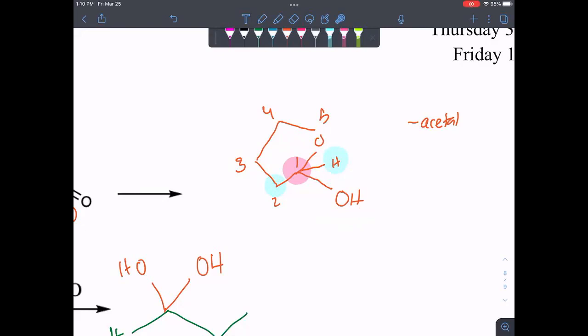So if you have two OR groups attached to this one carbon, it's going to be a full acetal. If you have one OR and one OH, it becomes a hemiacetal.